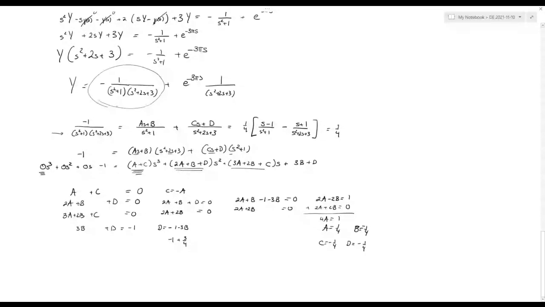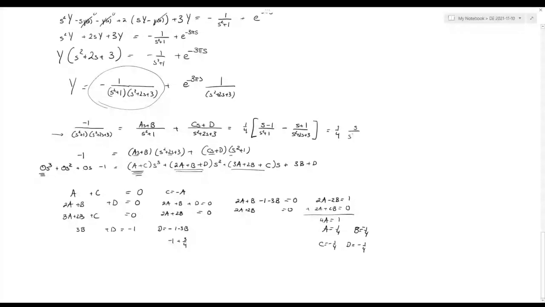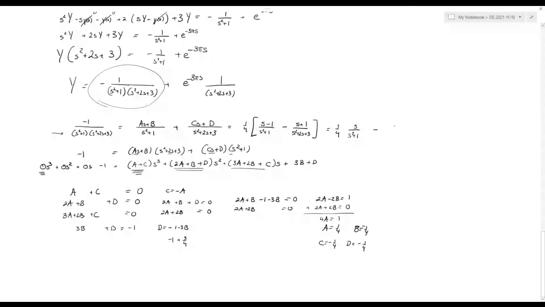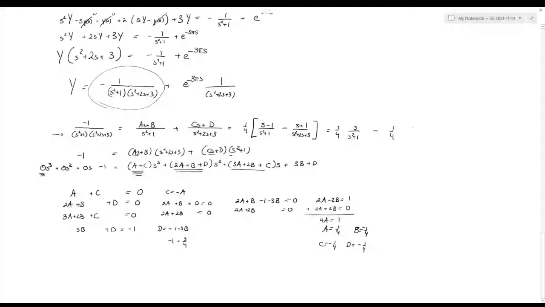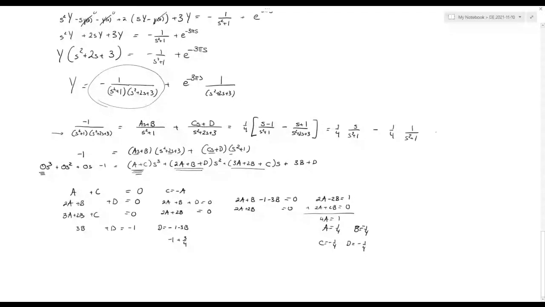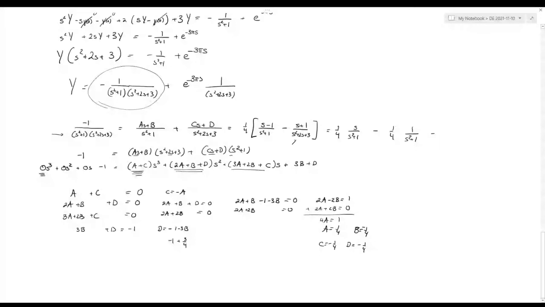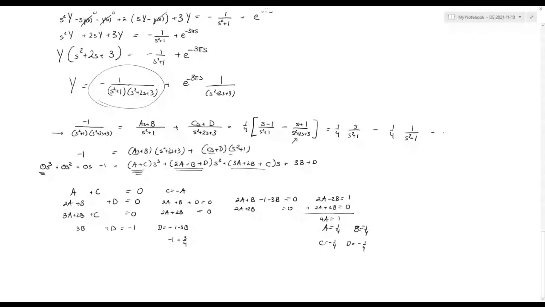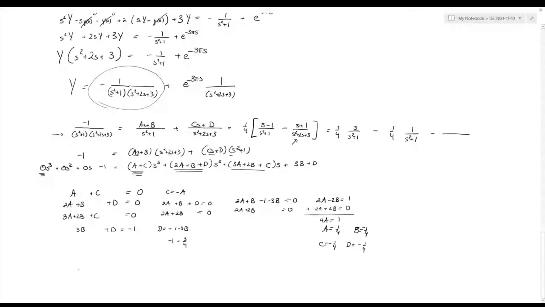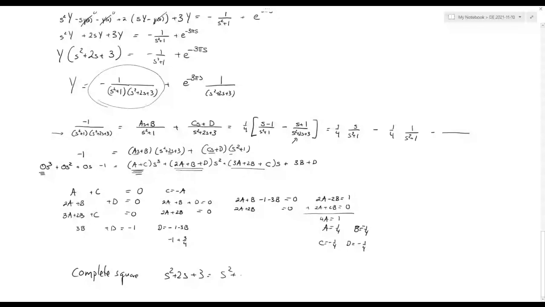So I can write this as s over s squared plus 1 minus 1 over s squared plus 1. And here in this denominator, I would have to complete the square to recognize what that is from the table. So complete the square. We're going to take half of that, unless you already know how to complete the square.